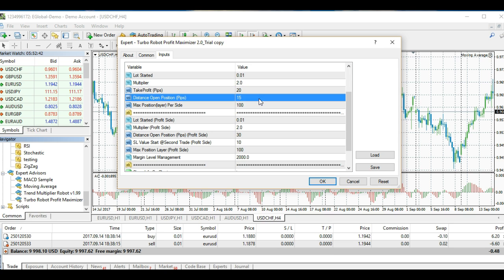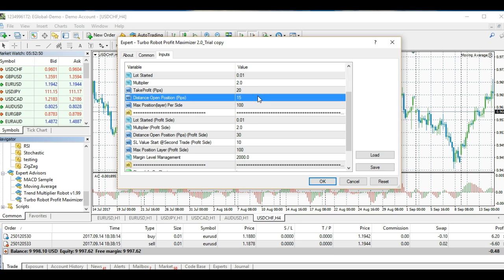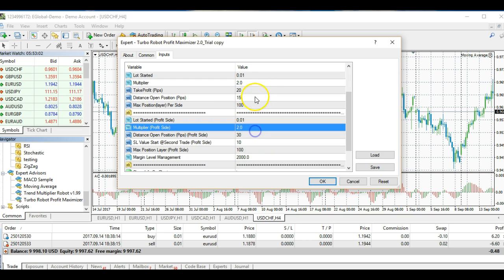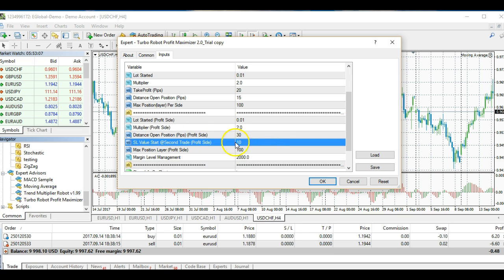Some brokers offer a 1.5 pip spread, or 2 or 3. So the maximum is 3, right? If your account's spread is 3, you should calculate that as well, especially in this portion. This area is no problem, but this area you should calculate here, how many spread levels you have to factor in.